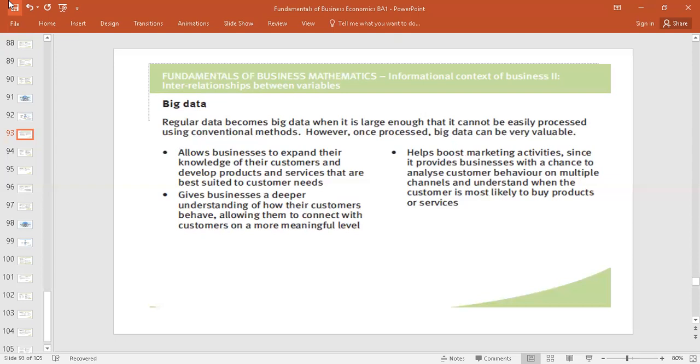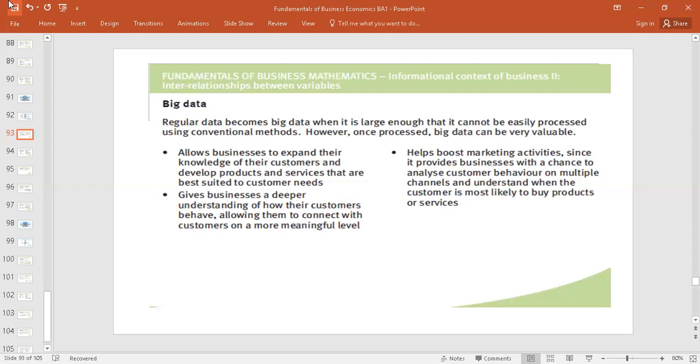But if the size is big, earlier the standard computers were unable to process such a large volume of data. But later on, because of big data softwares, it has become possible to even analyze that large volume of data.